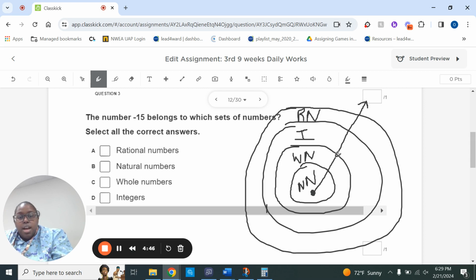If I start here, I cannot go back, but I can follow the direction of the arrow and go out here, which means I'm also rational. Rational cannot go here, so if it's rational, there's nothing else out here for it to be but a rational number. There are other types of numbers, but they're not connected to these circles. So use these circles to figure out where that number goes.